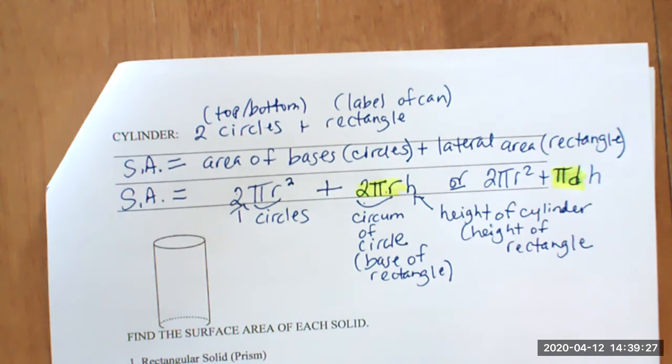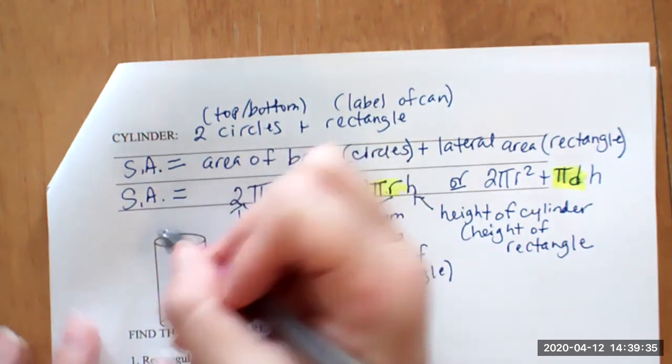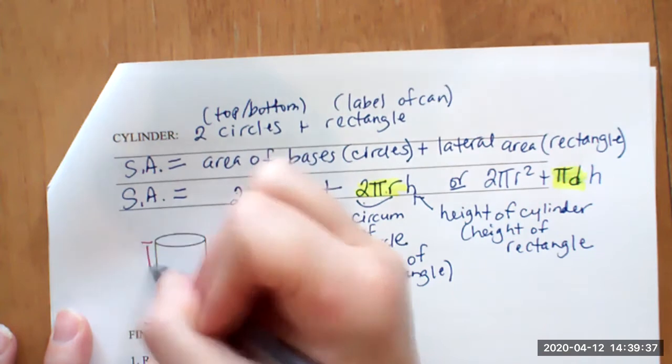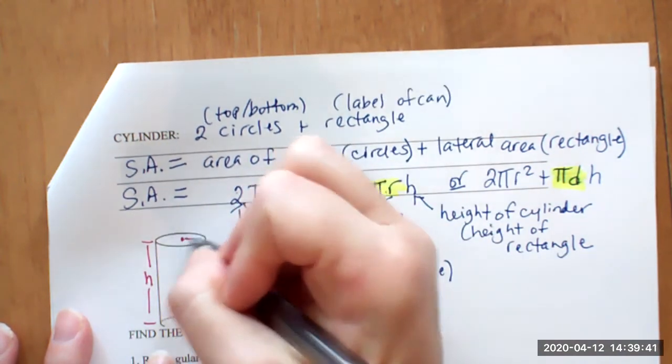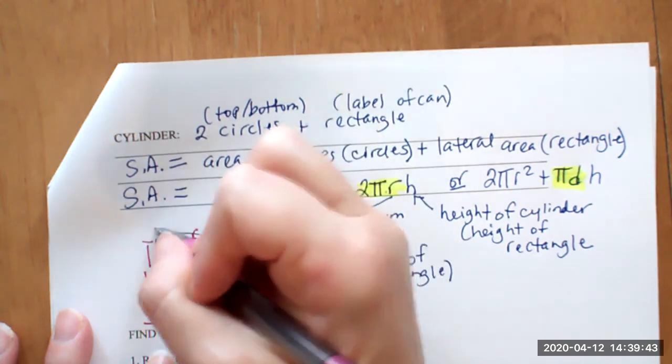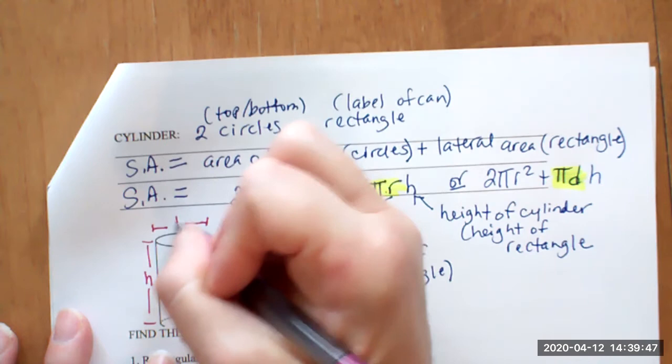So we're going to do some calculations here. One thing I will label is the height of the can, and of course this is the radius. And across the can, if I were given this whole distance, that would be the diameter.